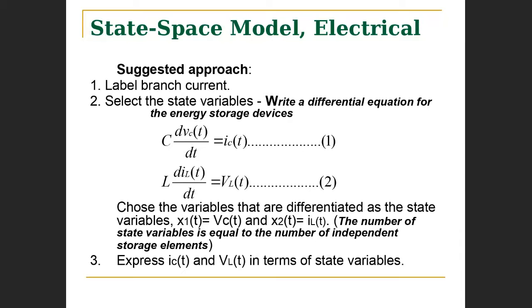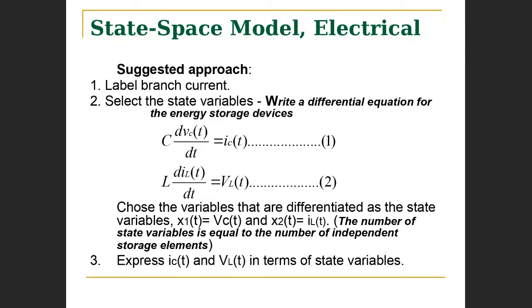So having done that, we are now going to select our state variables. We're selecting the state variables as the variables that are differentiated. You should recognize that in equation 1, what we are differentiating is the capacitor voltage. Therefore, we're going to label that as our first state variable. In the second equation, we're differentiating the current in the inductor, iL.